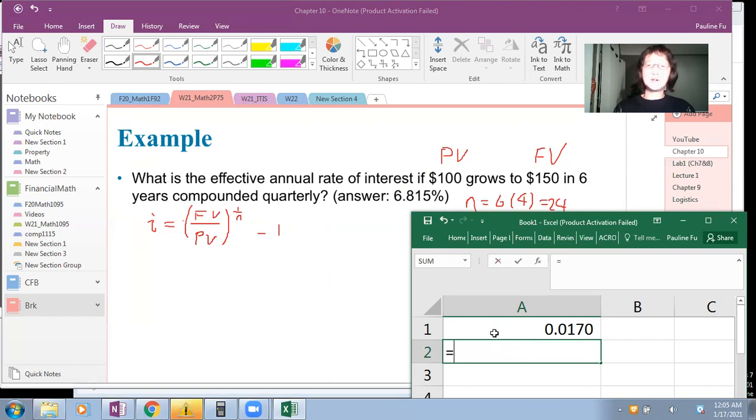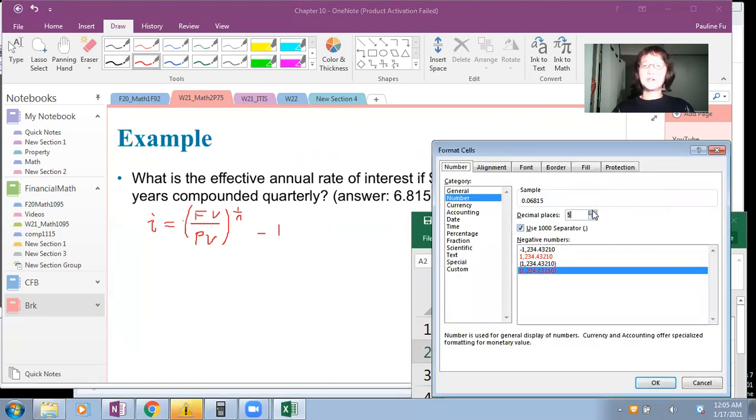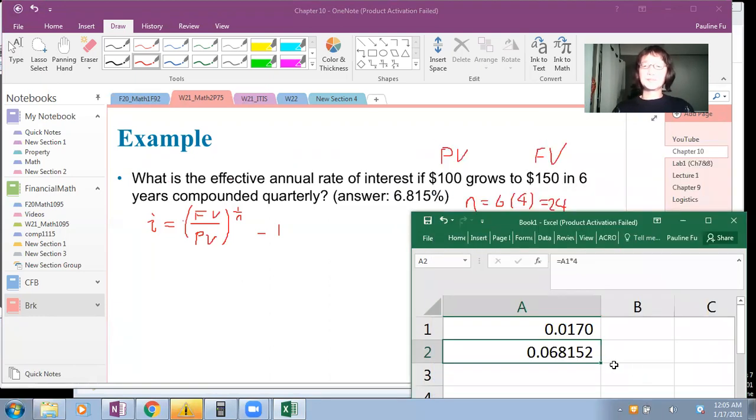So this number has to be times 4 to get the annual rate. So 6.82%. If I increase the decimal places, you will see the answer: 6.815%. Okay, so I will copy down here.